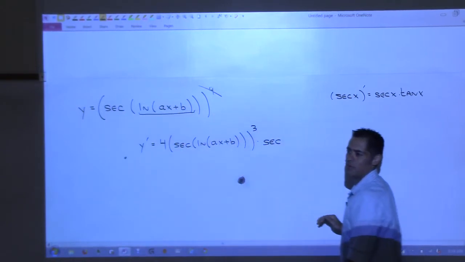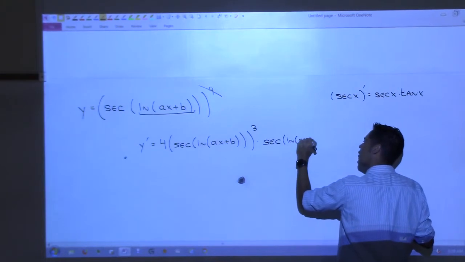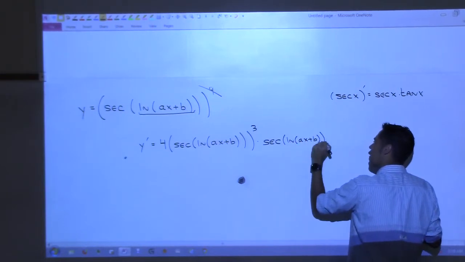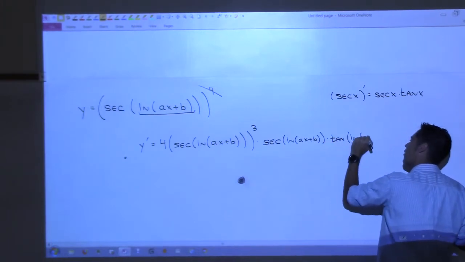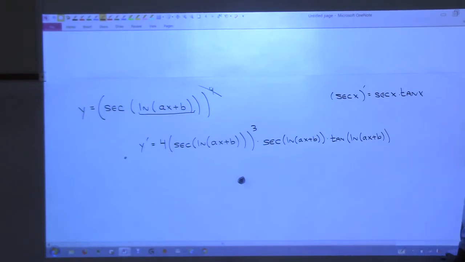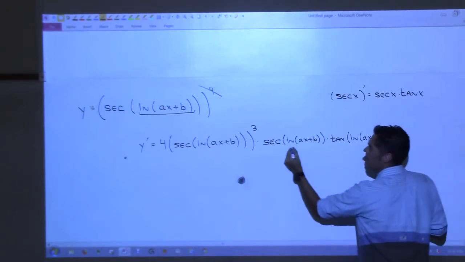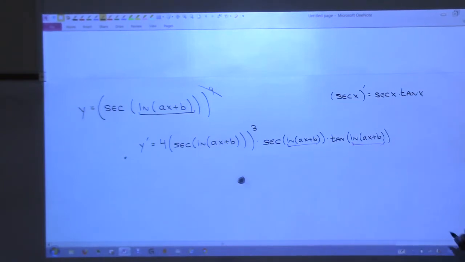All that stuff. So it's secant of natural log of ax plus b times tangent of natural log of ax plus b. That is pretty nasty looking, isn't it? But that's the way it is, all right? This is like your secant x tangent x, except that it's not x. It's all that stuff. Feel good?